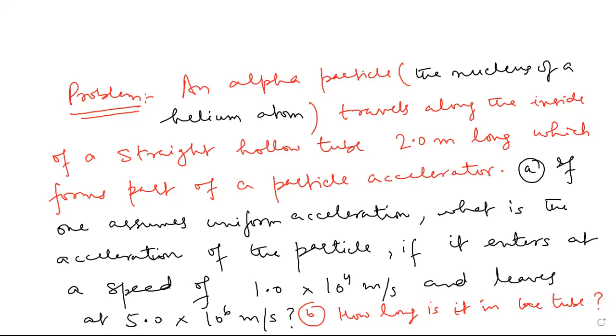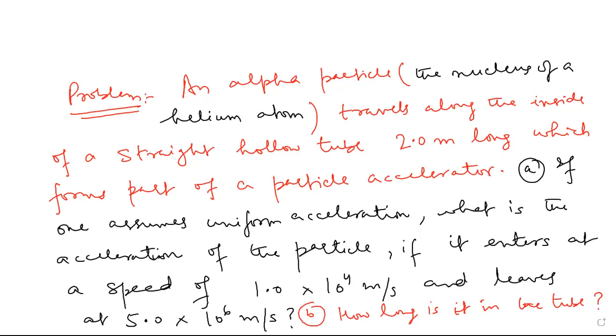This is today's problem. Let me check it. An alpha particle, the nucleus of a helium atom, travels along the inside of a straight hollow tube, 2-meter long, which forms part of a particle accelerator.